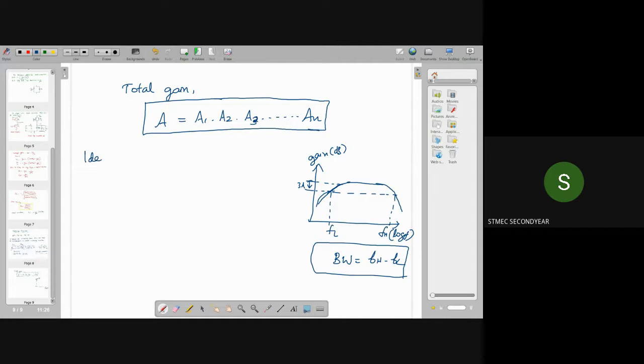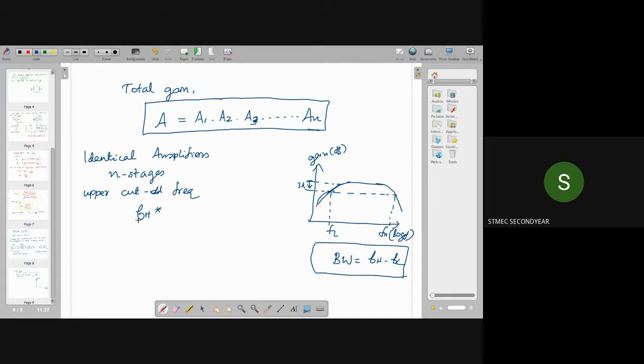Identical amplifiers. We are considering identical amplifiers. That is, we have n stages, n identical amplifiers connected together. Then our upper cutoff frequency will change to fh star.